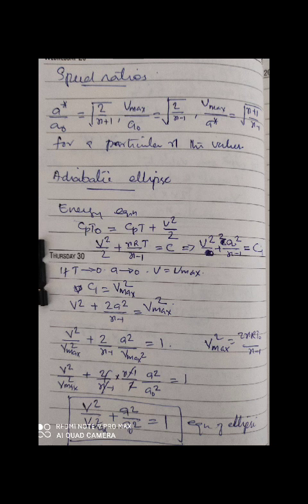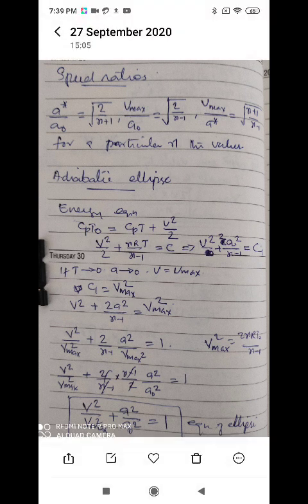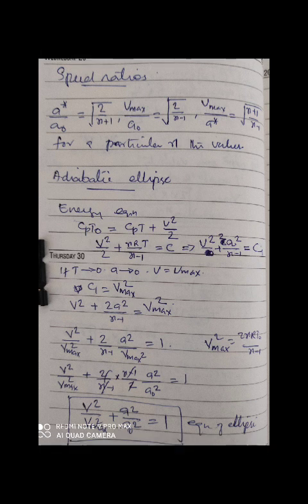Again, V square by V max square plus A square by V max square, where V max square is equal to 2 gamma R T0 by gamma minus 1. So substitute this value here.